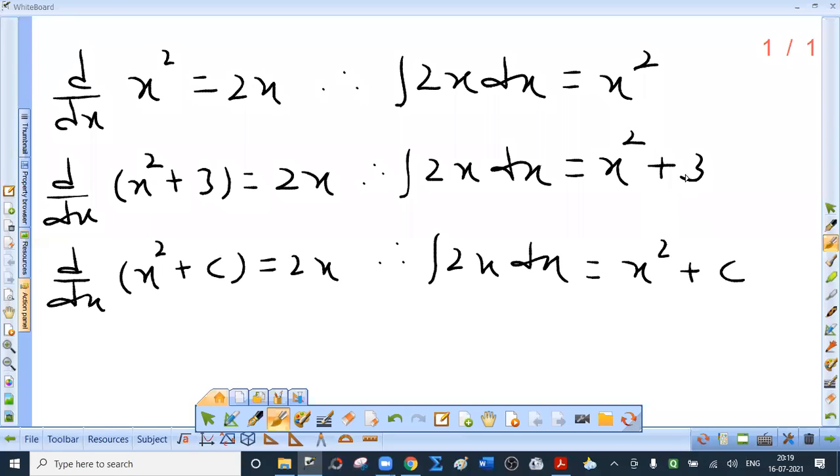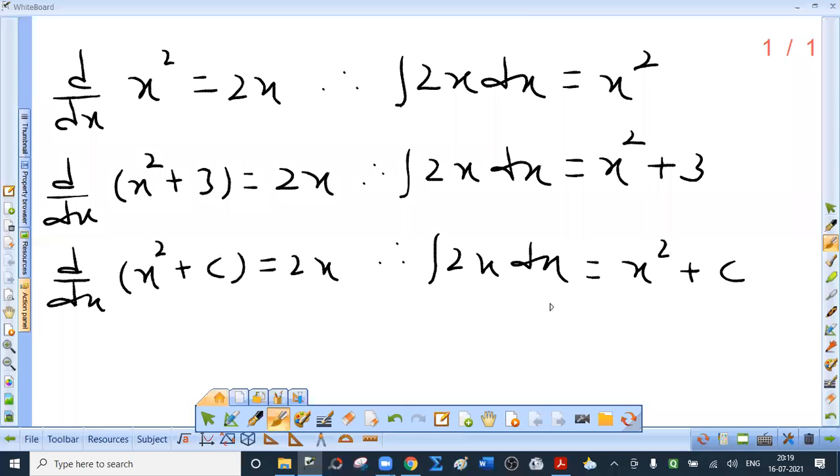Answers differ only by a constant. I repeat, there are infinitely many answers for an integral, but they differ only by a constant. Why? Because derivative of constant is 0. So initially, was there any constant or not? We are not sure. And that is why whenever you write the answer, you have to say plus c.